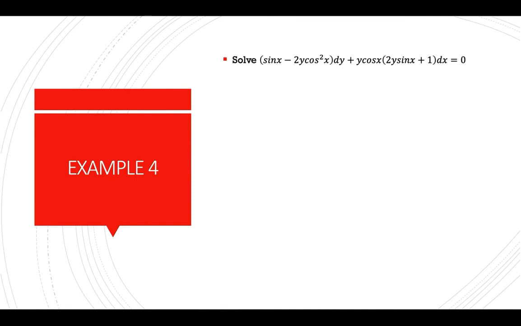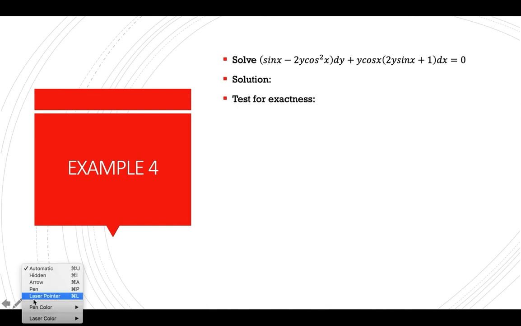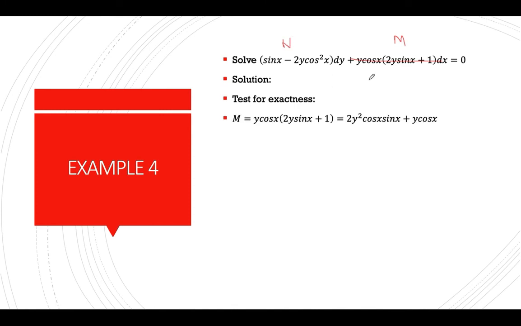Okay, so let's try another example. In this example, this is your M, M dx, and this will be your N dy. We test for exactness.